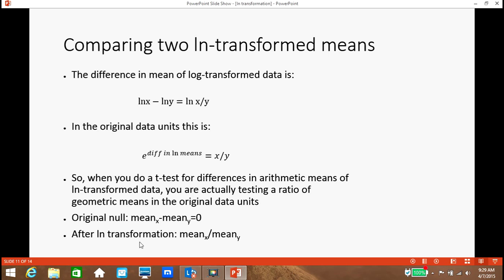After we have log transformed, because of this relationship turning these into exponents, we now are actually testing a null of the mean of X over the mean of Y, the ratio, and does that equal 1? Okay, so that's what we're testing now after log transformation.